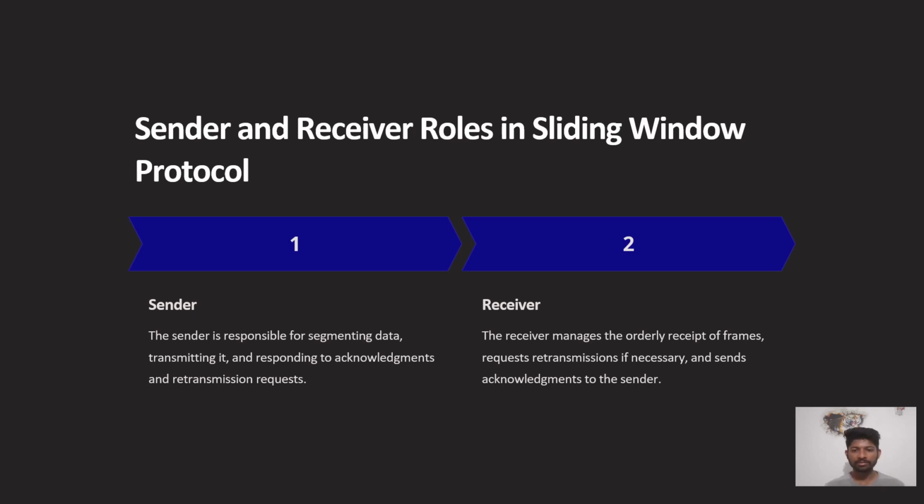The receiver manages the orderly receipt of frames, requests retransmissions if necessary, and sends acknowledgements to the sender. The sender has a buffer called the sending window, and the receiver has a buffer called the receiving window. The size of the sending window determines the sequence number of the outbound frames.